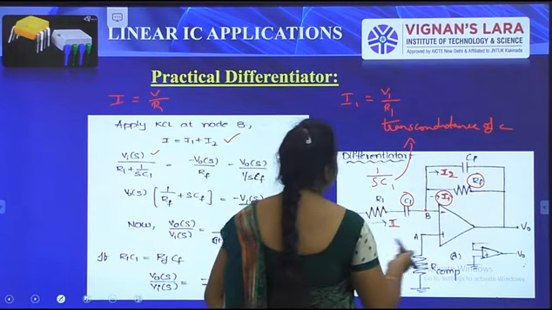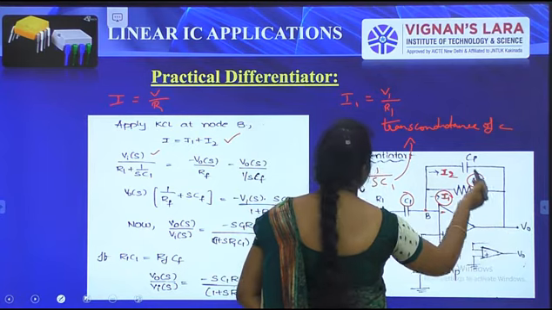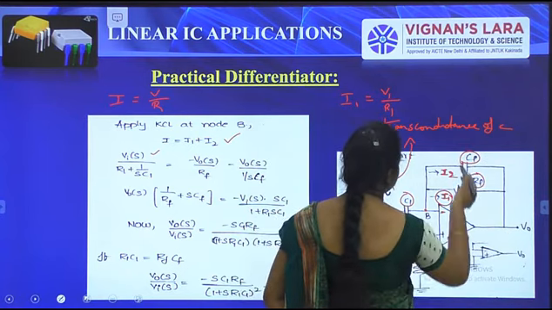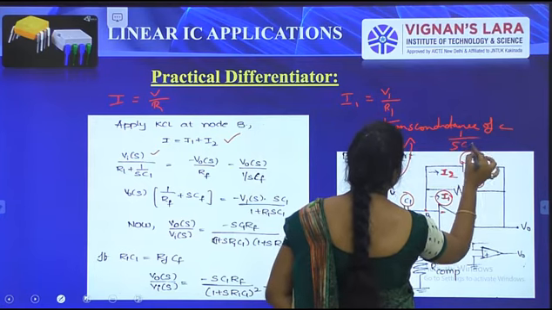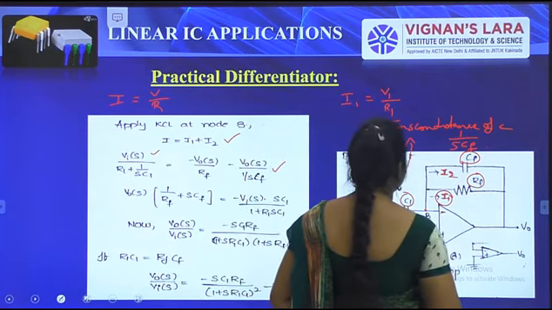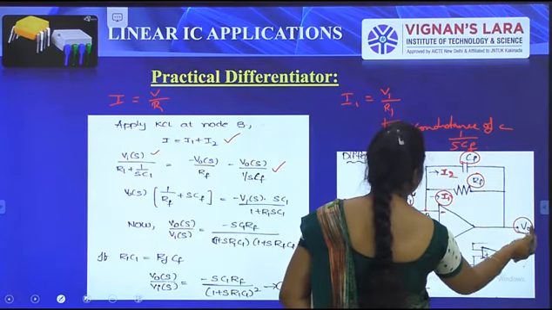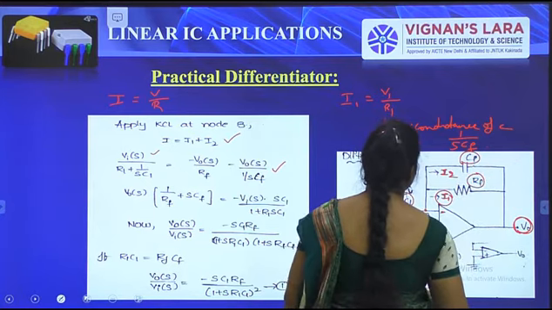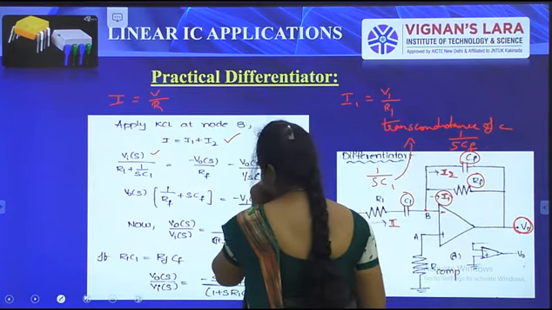And minus V0 of S by 1 by SCF, where the impedance of the capacitance is written as 1 by SCF. So here I can substitute my I2 term, V0 of S by 1 by SCF.